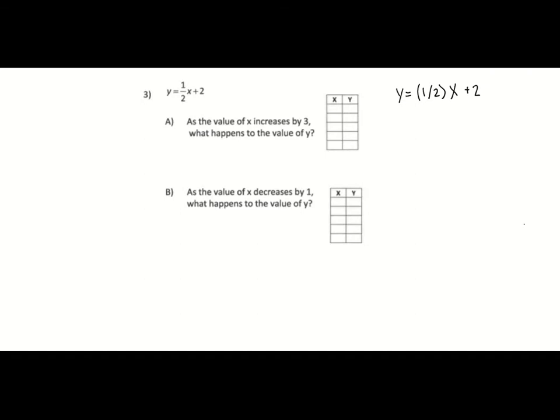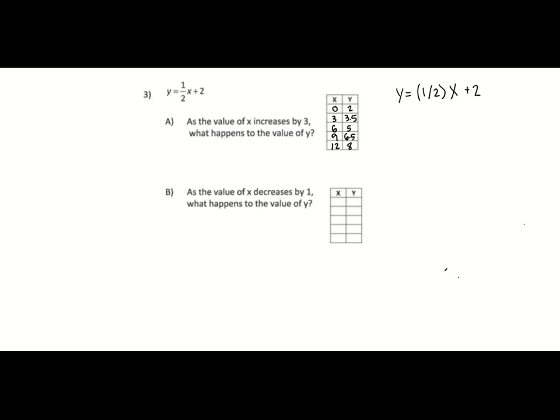My first question is: as our value of x increases by 3, what happens to the value of y? Let's start at 0 and just go by 3s: 3, 6, 9, and 12. Let's see what happens to our y. I get 2, 3.5, 5, 6.5, and 8.